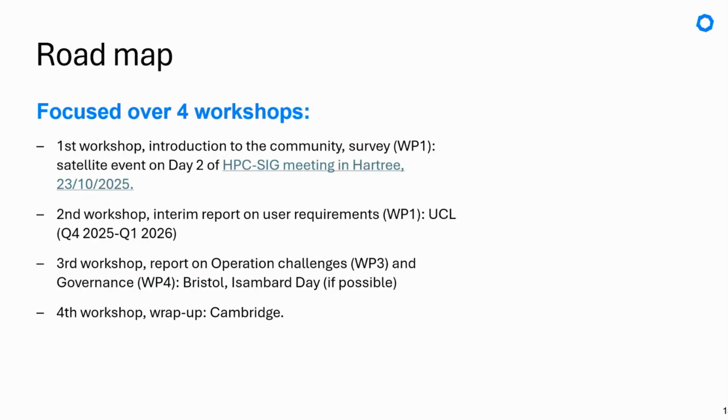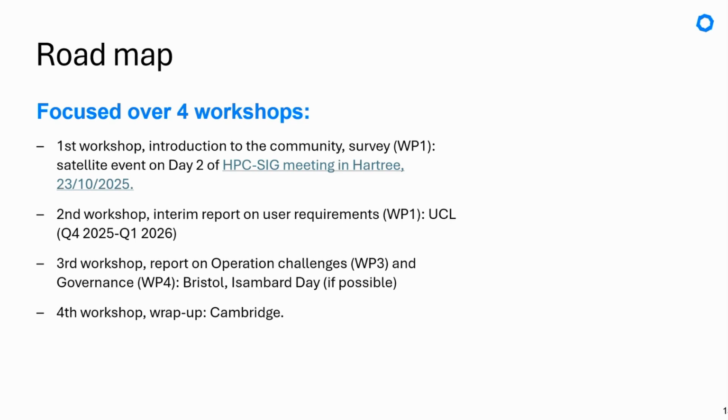The current roadmap is focused over four workshops. The first workshop will be an introduction to the community and a survey of the user community, in a satellite event on day 2 of the HPC meeting in R3, on October 23rd.